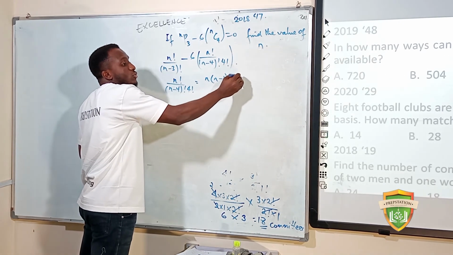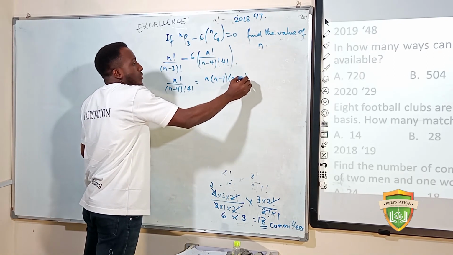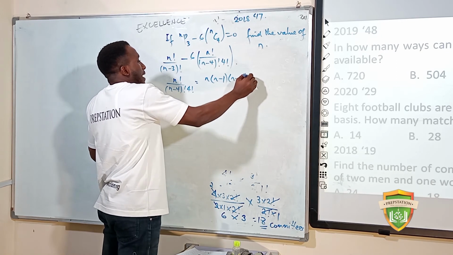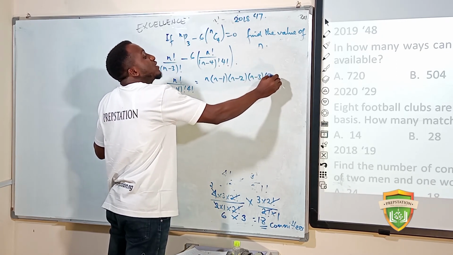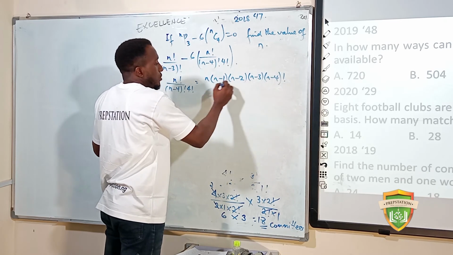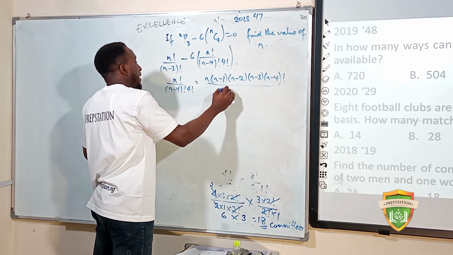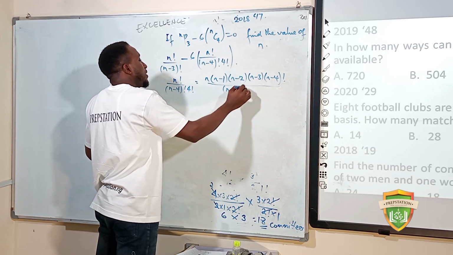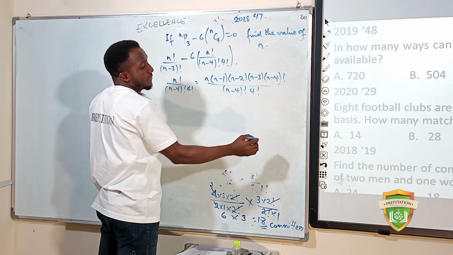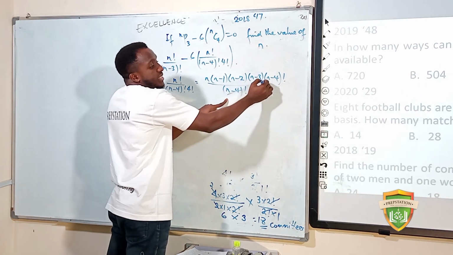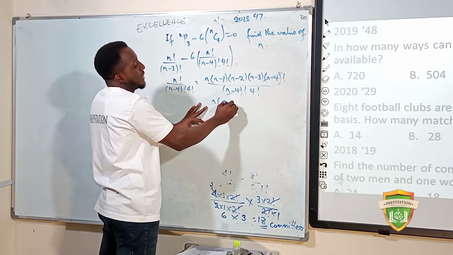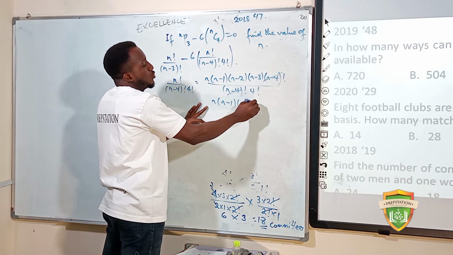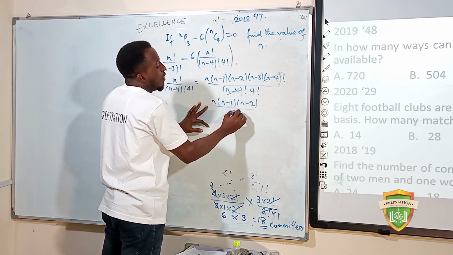Remember this? I taught you that. n minus 2. And then we have n minus 3. And then n minus 4 factorial, all over n minus 4 factorial, 4 factorial. Can you see? This can cancel this. We are left with n minus 1, n minus 2 over 4 factorial.